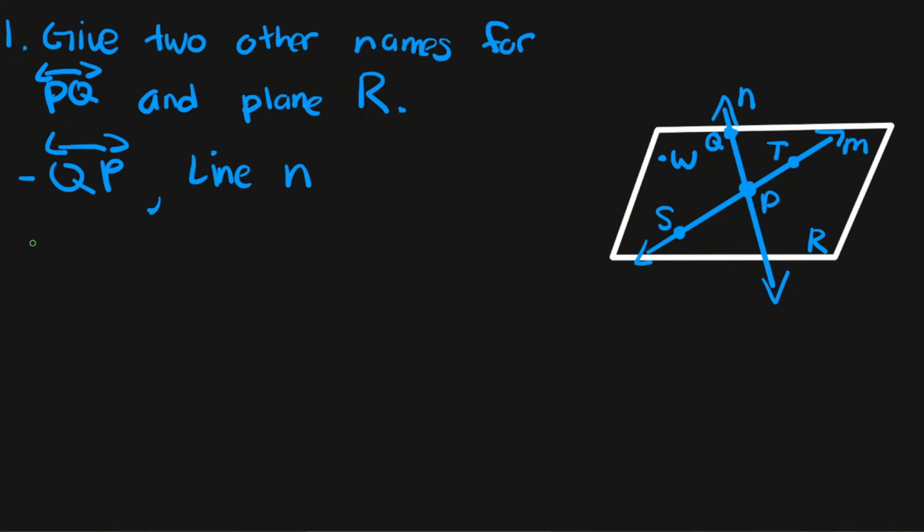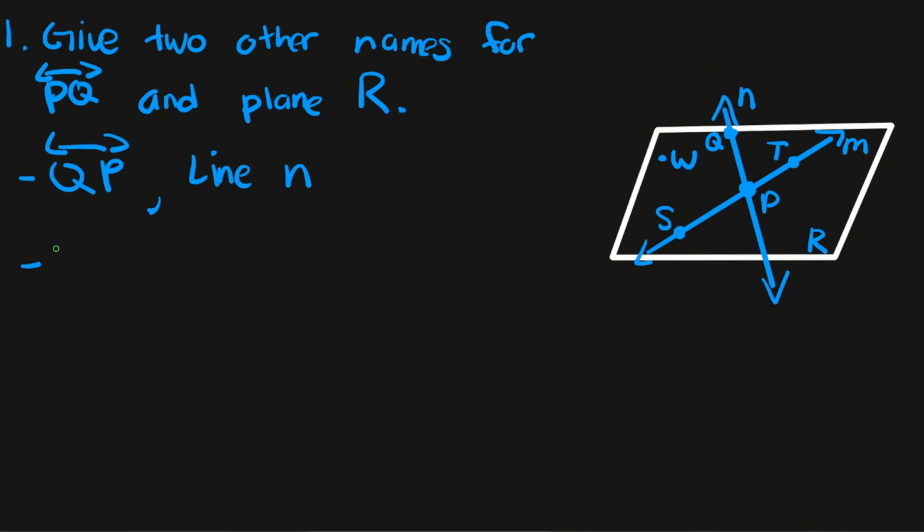Okay, so what about for plane R? Well, remember, to name a plane, you need either the letter, which refers to the whole plane, which we already have, or 3 points on the plane. So we have W here, we have T here, and we have P here.